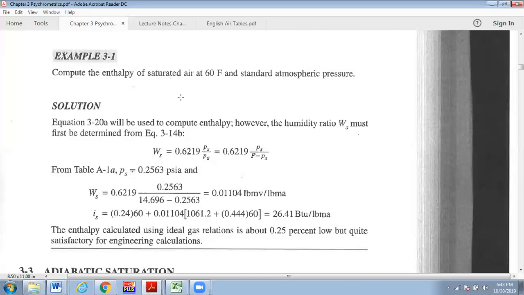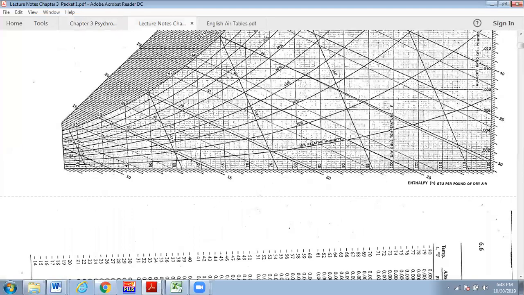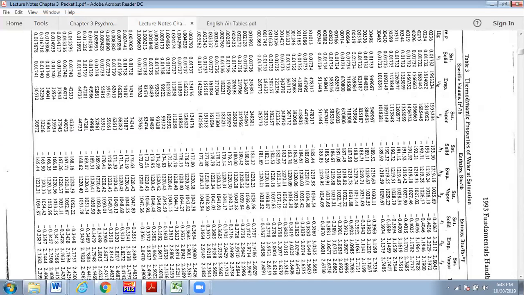Okay, so if it's saturated and 60, where can I go and get the vapor pressure for the water vapor? Can I find that easily? If it's saturated and I have a temperature, I can go to the steam tables. Okay, so let's see. I got this guy.